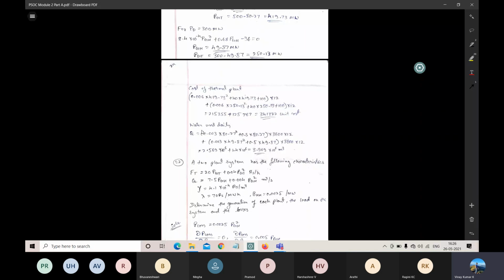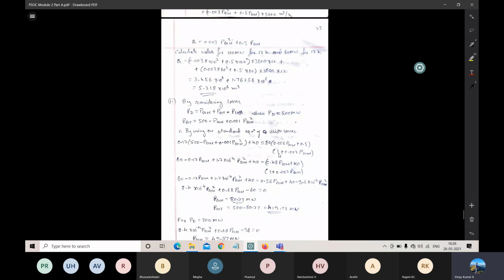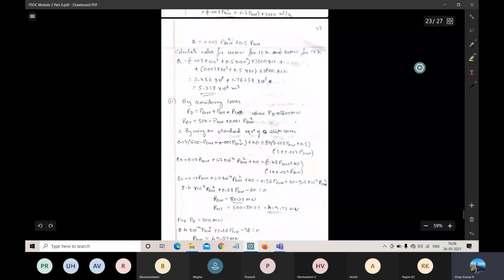So we are solving this problem using the penalty factor method, that is gamma lambda. Okay. This is about the cost, and next thing is water available. So total water amount available will be 3.969 into 10 raised to 6.